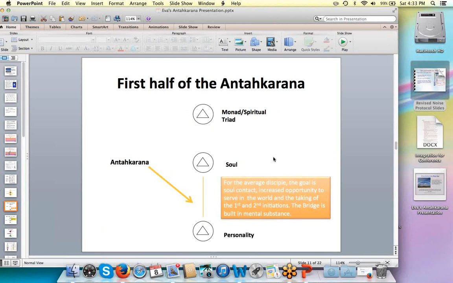For the average disciple, the goal is soul contact, which is increased opportunity to serve in the world and the taking of the first and the second initiations. The bridge is built in mental substance, and that's why the emphasis at the Morya Federation is all about meditating and working through mind.